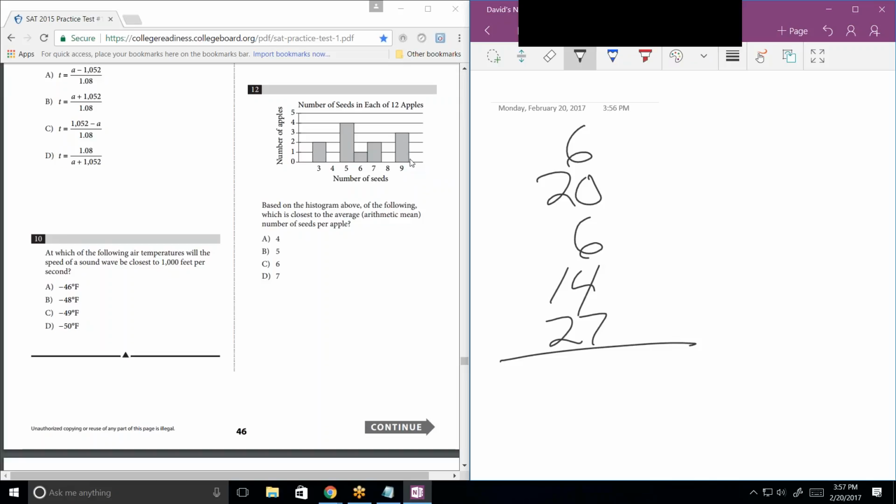And if we add up those numbers, we get 32, 46, 73 apples. Okay. Which is the closest to the average number of seeds per apple?